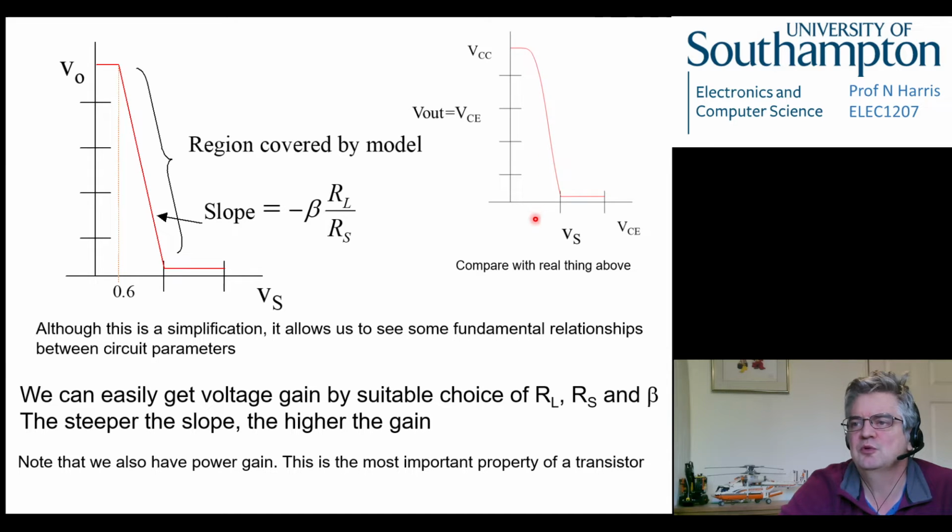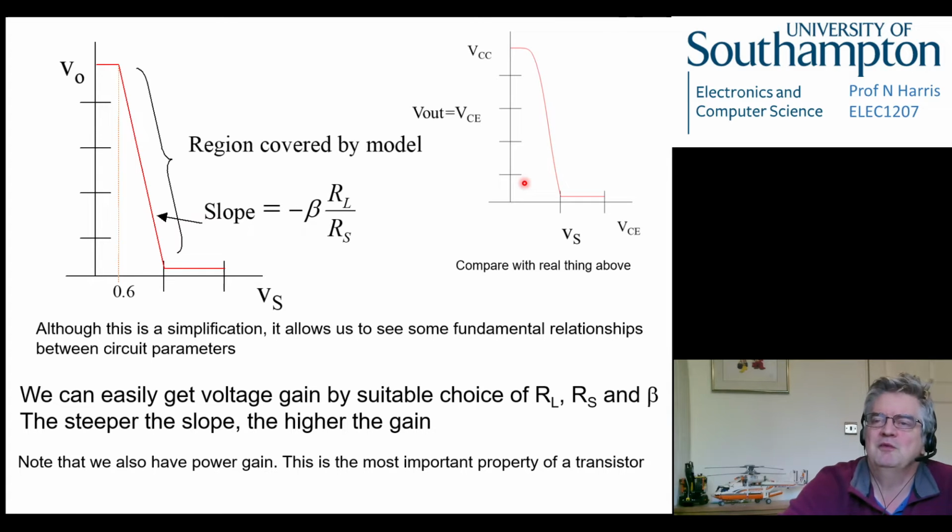This is a relationship between input voltage and output voltage. So nothing much happens till about 0.6 of a volt, then it starts to turn on, and then it falls very exponentially, very quickly. And then it can't go any lower than 0 in principle, but actually about 0.2, 0.3 of a volt in practice, and then goes flat like that. So this is the transition area, and it's the bit we're interested in for that circuit.